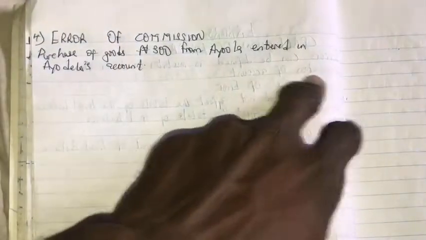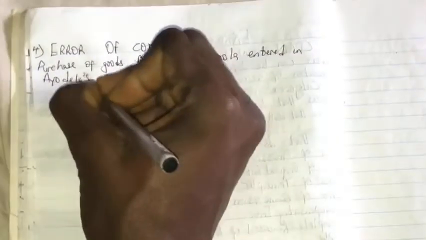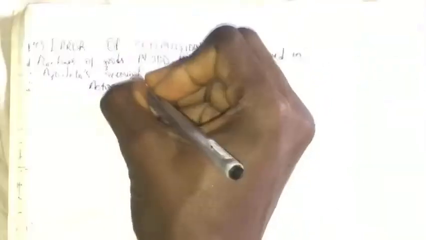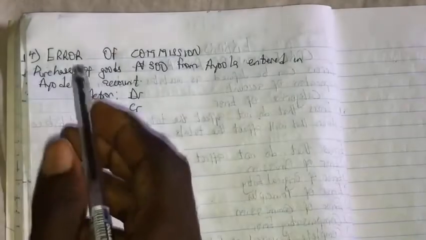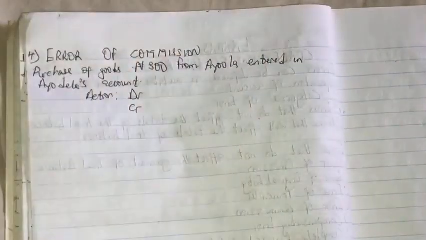Before we move into our exercise: purchase of goods of 300 from Ayola entered in Ayodele's account. This is an error of commission because it was entered into the wrong person's account. So here's what to do. We know our action first. So who are we to debit, who are we to credit? Purchase goods from Ayola, so purchases account is out of this.